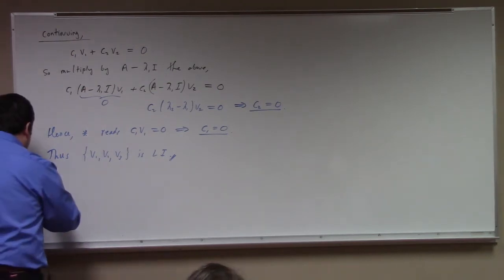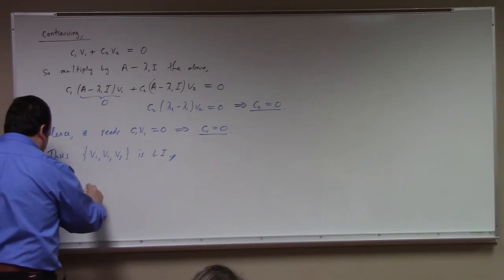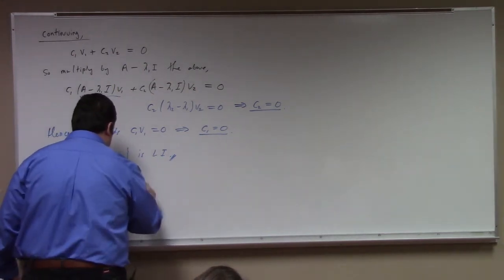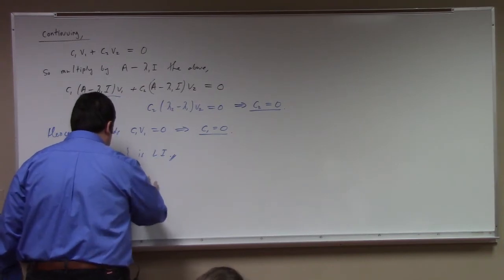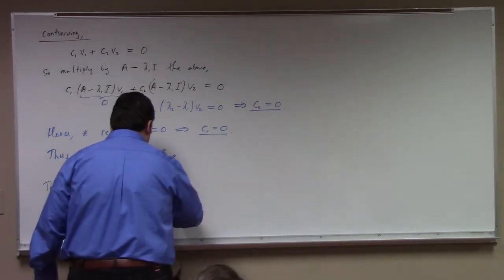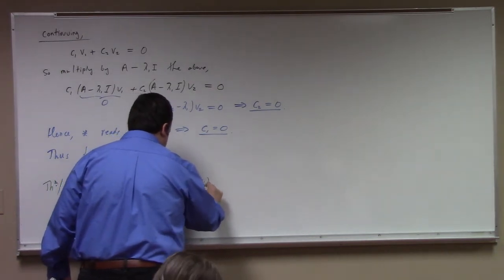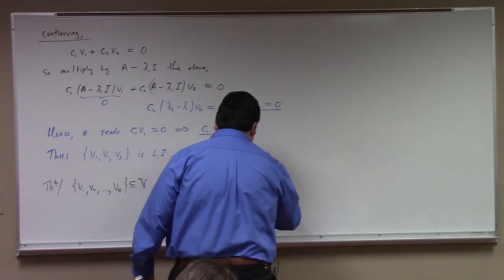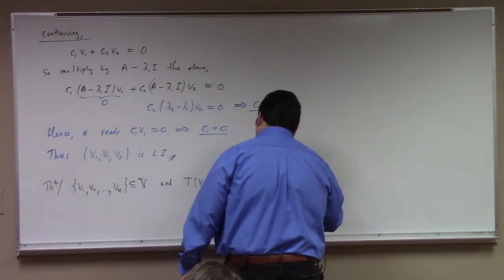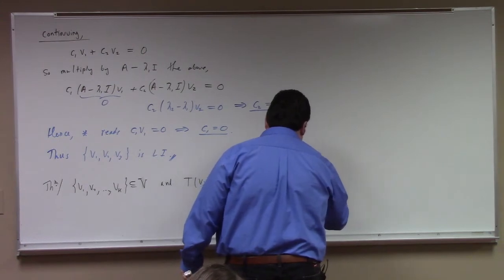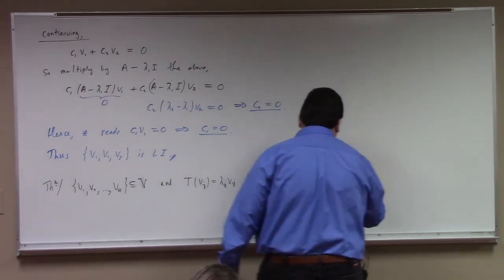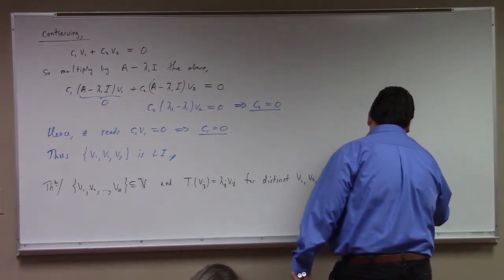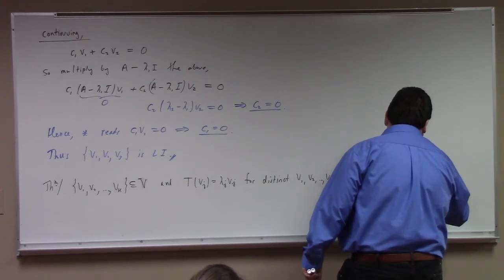There's a theorem: if we have v1, v2, ..., vk, a subset of V, and T of vj equals lambda j vj for distinct lambda j, with v1, v2, ..., vk all not equal to 0, then the set containing those vectors is linearly independent.